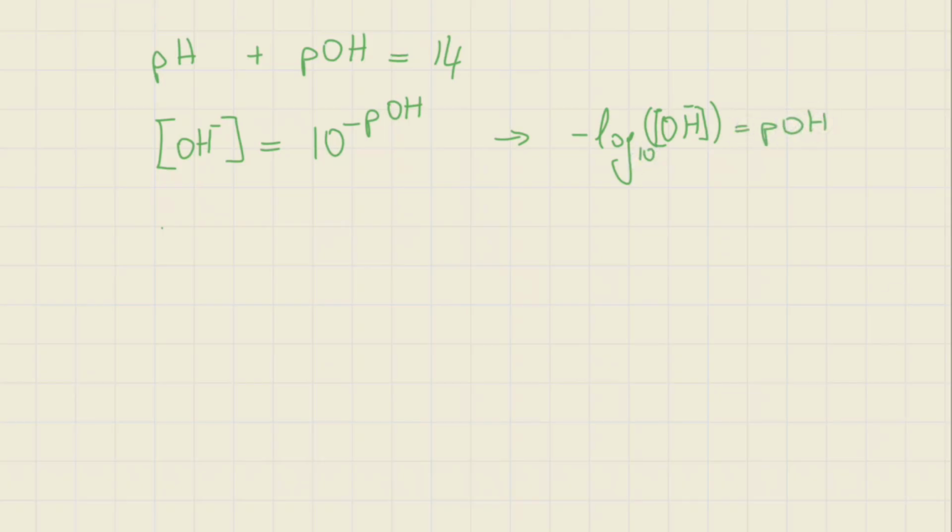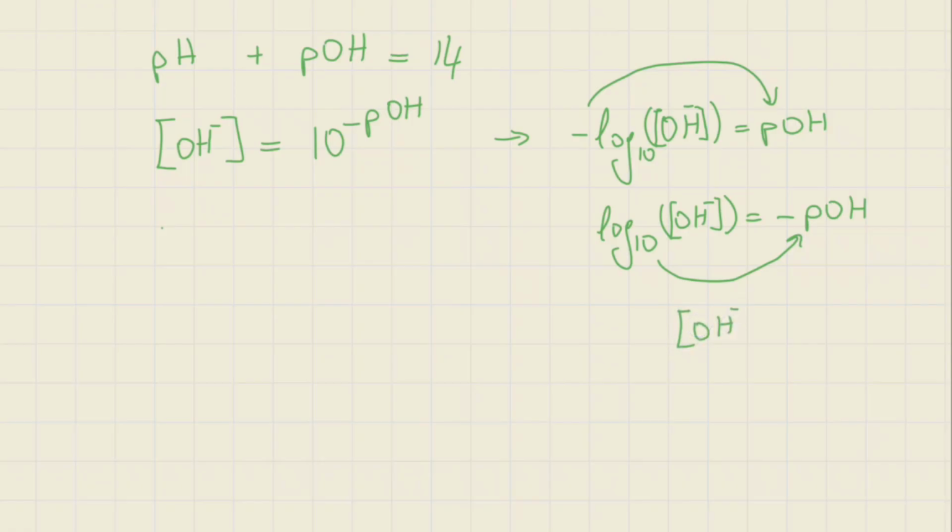Firstly, we multiply both sides by minus 1, and this becomes minus pOH, and we can send the log to the other side, and OH concentration becomes 10 to the minus pOH.